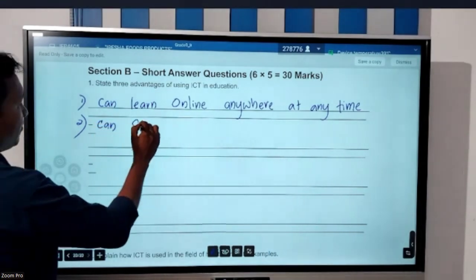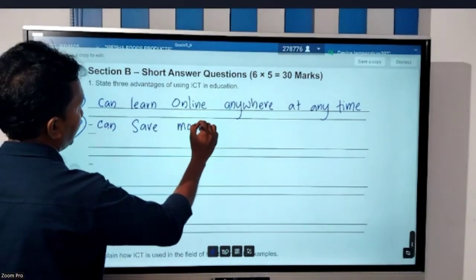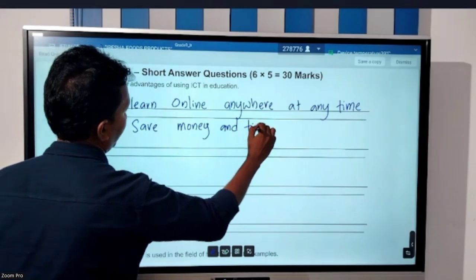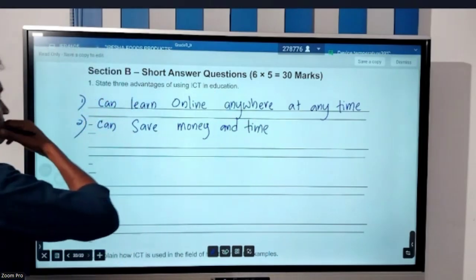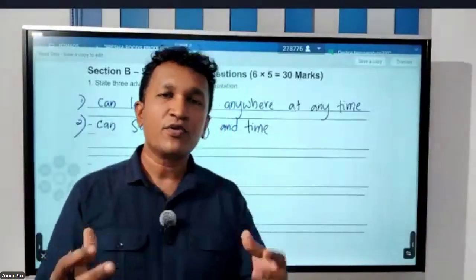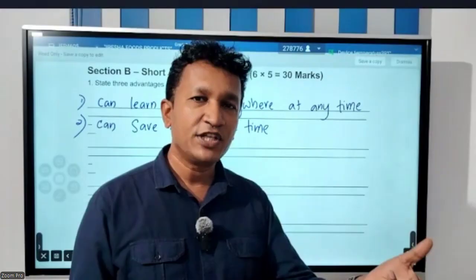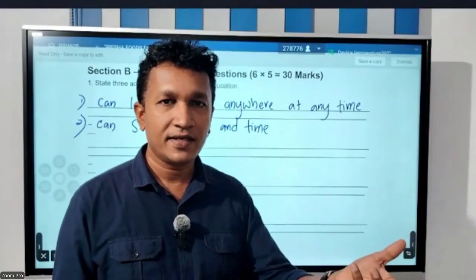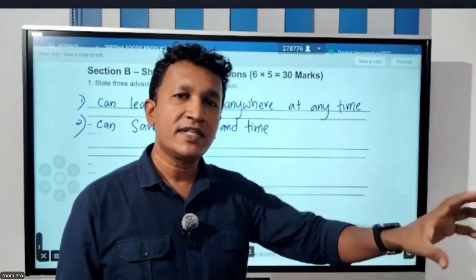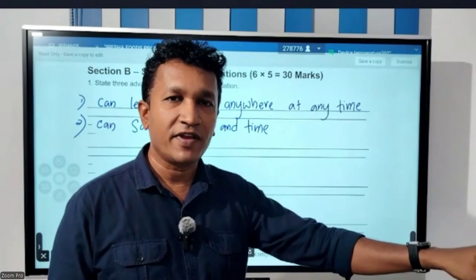Can save money and time. Why? So online, now you are connecting with the teacher online, right? How does it save money? So the traveling cost is saved. You don't need to travel anywhere.